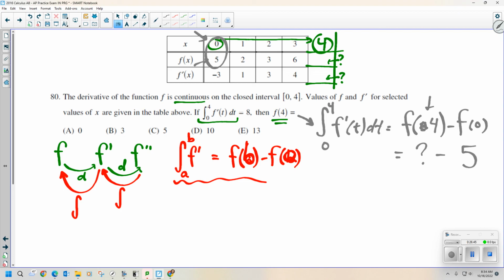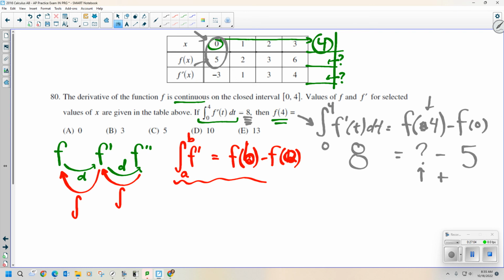Well, you don't have to answer anything, because they tell you that's 8. What do I have to take 5 away from to get 8? It's 13.